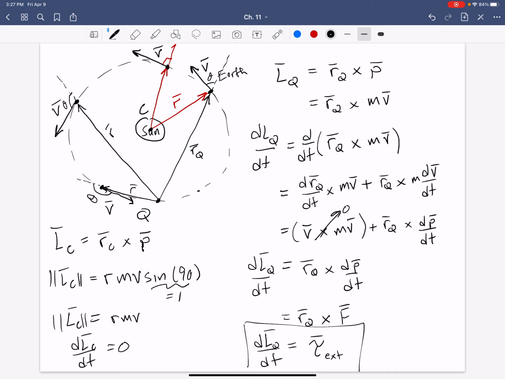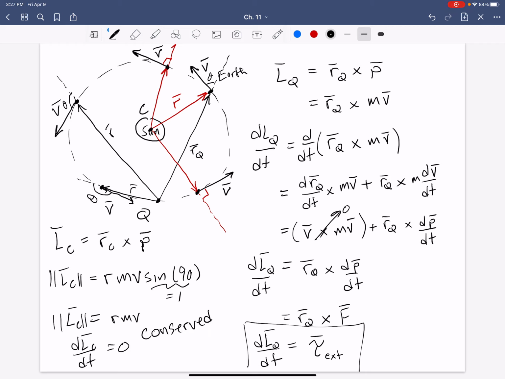If Earth is now over here, traveling with some speed v, r is over here, right? And again, the angle should be about 90, which means that its magnitude is again rmv. And so now we call this conserved.